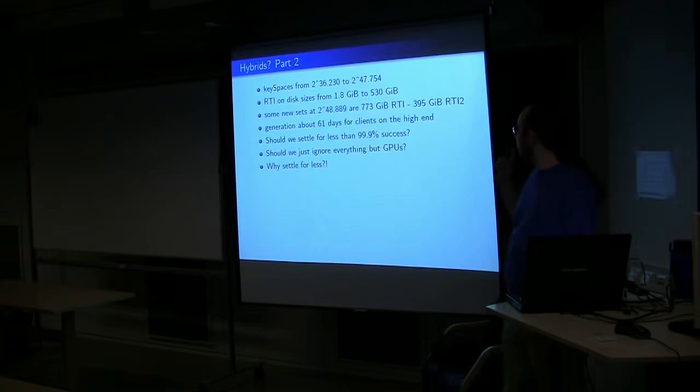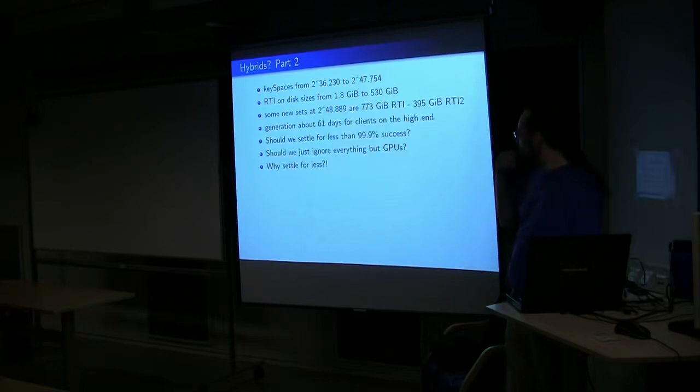And the other part is when we've got full generation going between the Blink clients for those key spaces on the high end, it's 61 days for the client generation side to do the full set. So not that long. I think we have about 1,000 users attached and some number of GPUs and CPUs.